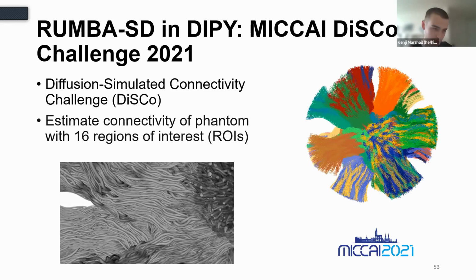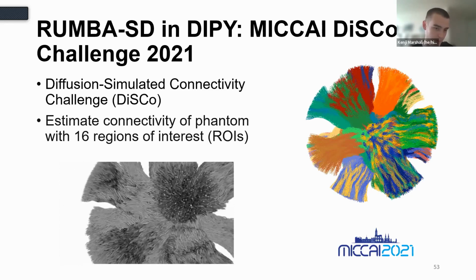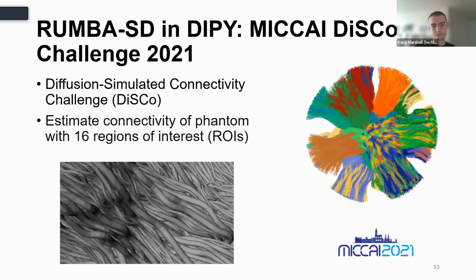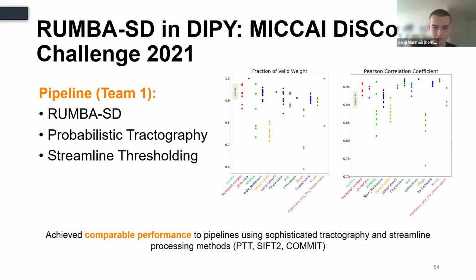So a bit of local reconstruction, a bit of tractography and streamline processing as well. We used a pretty straightforward pipeline, all contained within DIPY. So just RUMBA for local reconstruction, and then DIPY's probabilistic tractography, as well as some streamline thresholding afterwards.